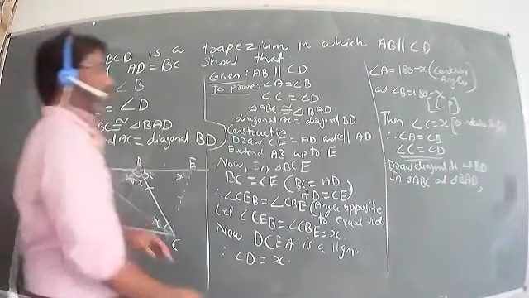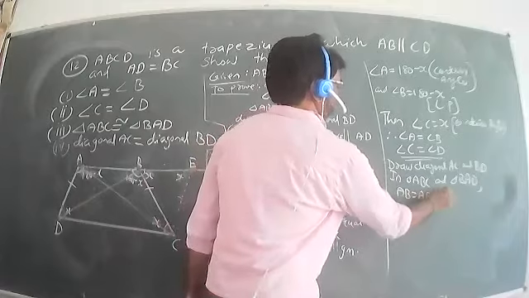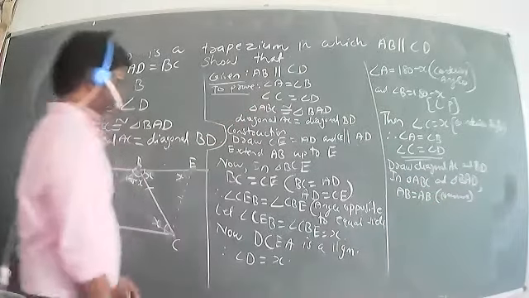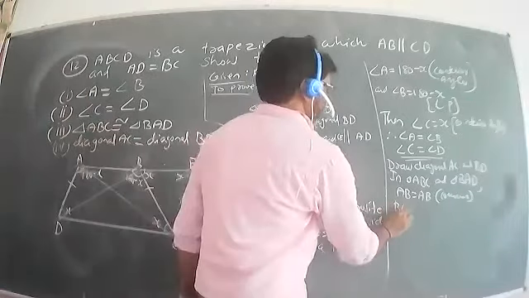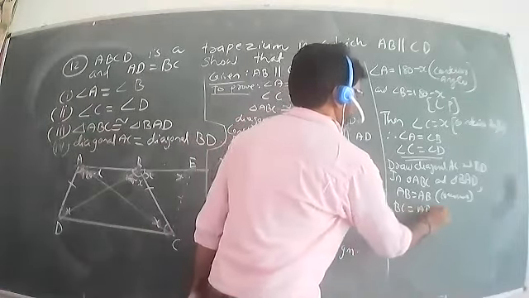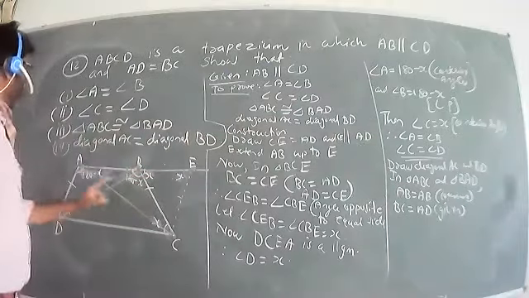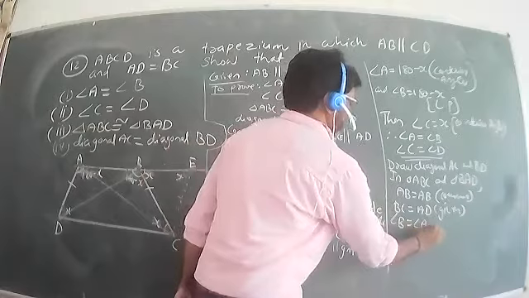AB is equal to AB, common. Next, BC is equal to AD, given. Then angle B equal to angle A, proved already.